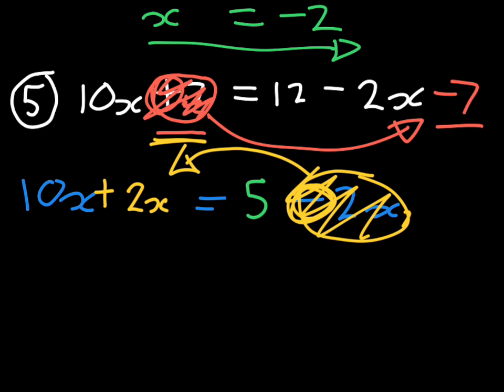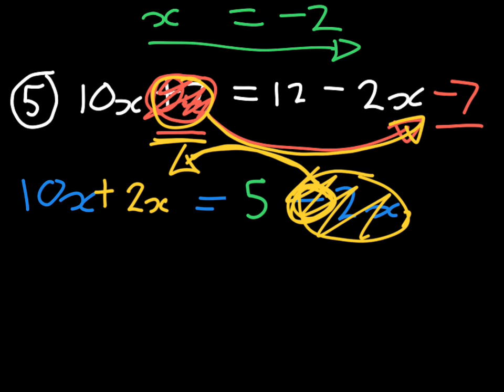When it hops over the equal sign. So just like this positive 7 moved over the equal sign, this negative 2x moves over the equal sign. And as soon as it moves over the equal sign, the sign in front of the term simply changes. If this is too confusing for you guys to understand, don't worry. Just stick to the same approach that we have been taking all along.